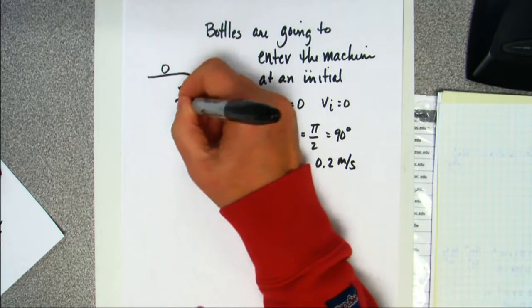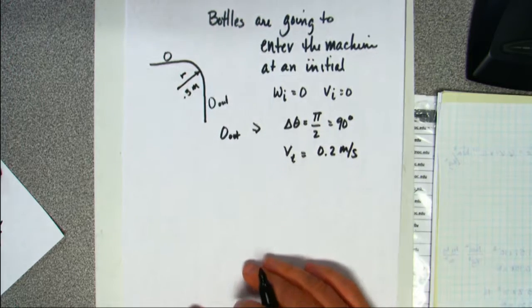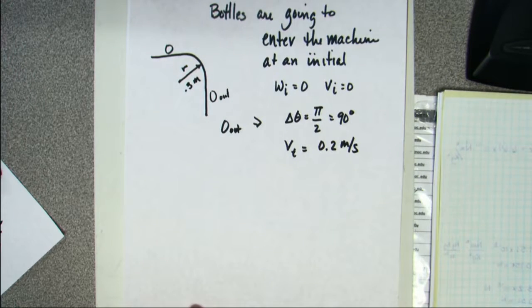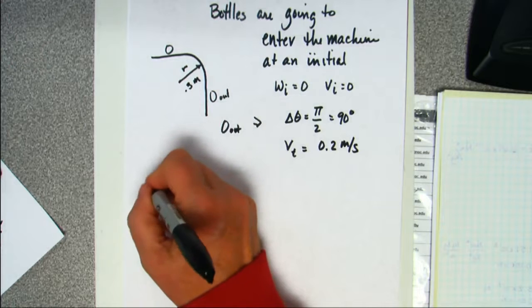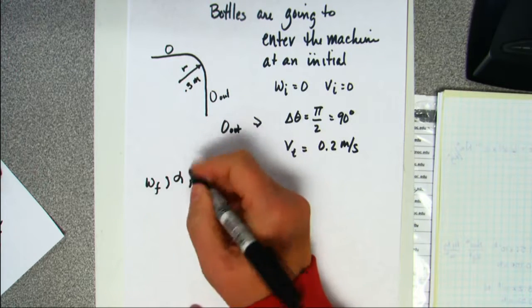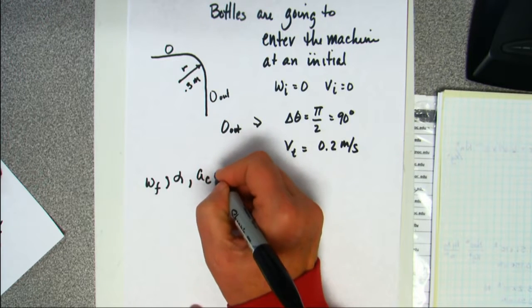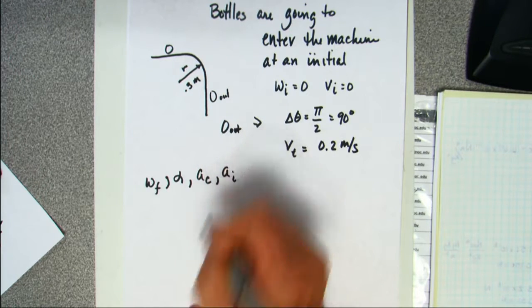The radius is 0.3 meters. We want to find omega final, the angular acceleration, the centripetal acceleration, and the tangential acceleration.